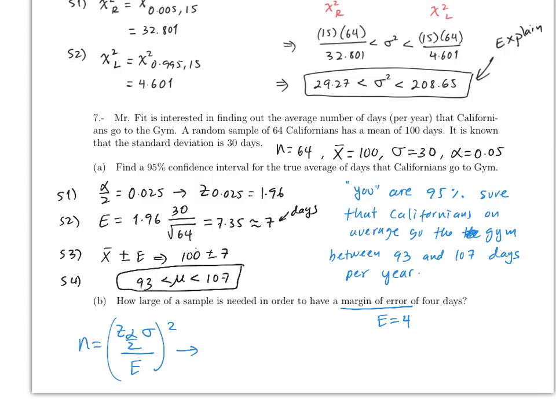So we plug the values in here, we will have n equals 1.96 times 30 divided by 4. Then you square the whole thing, and this comes to around 216.